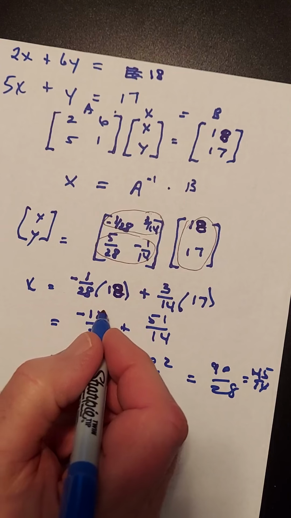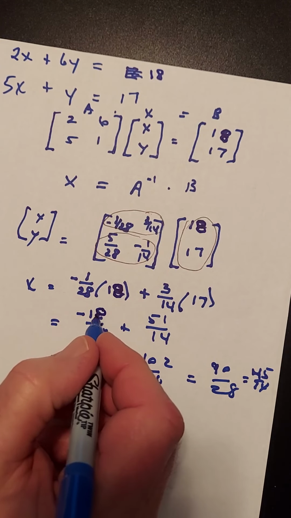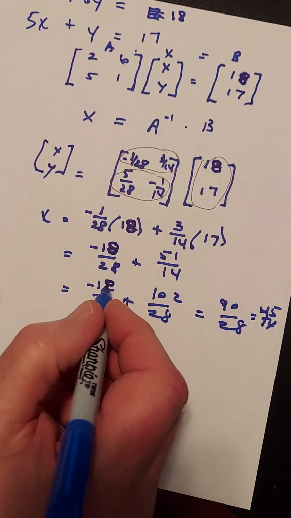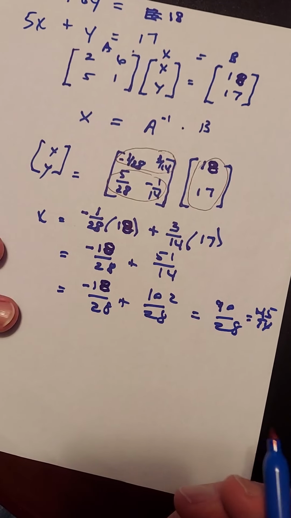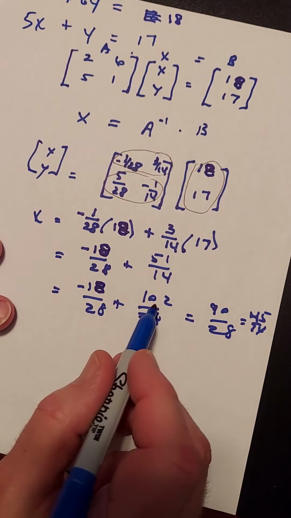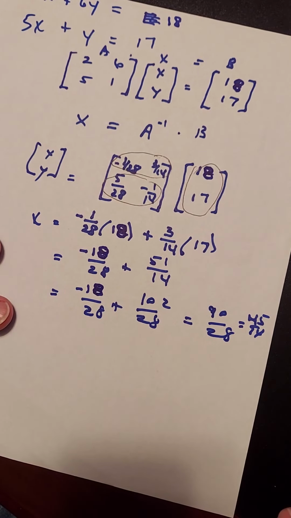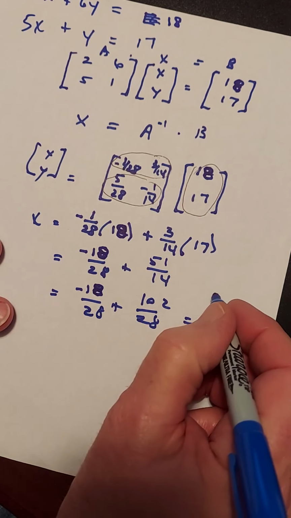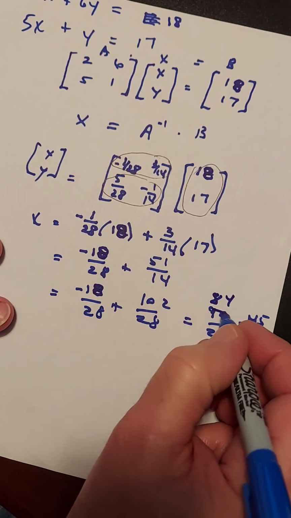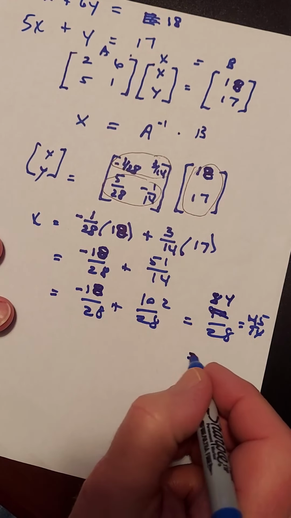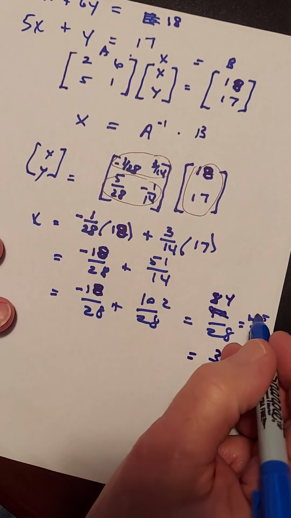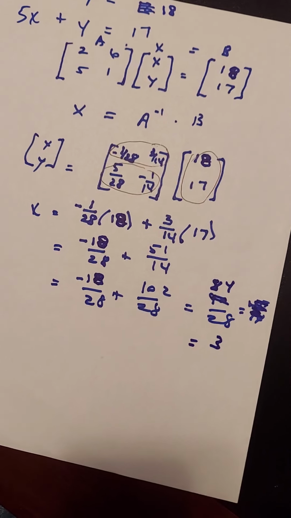Now when I multiply, that would have been negative 18 over 28. So negative 18 plus 102 would be 84. That would have been 84 over 28, and that is equal to 3. There you go. I knew I had a nice answer.